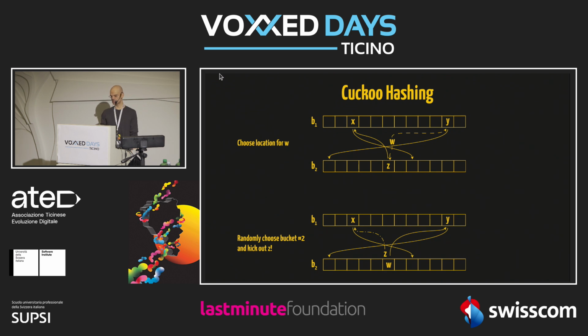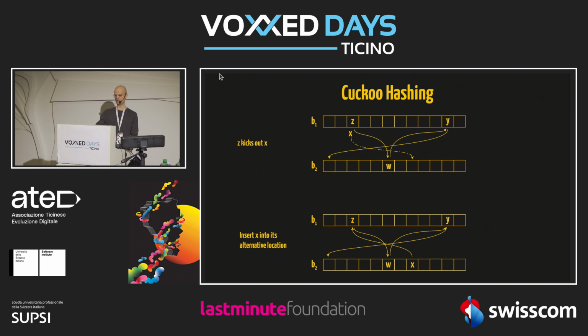Then we check z's alternate location. In this case, the alternate location is already occupied, so we need to do the same thing as we did for w. So we kick out x, and we write z in its place, and x is moved to its alternate location. In this case, the alternate location of x is empty, so we can write it there.